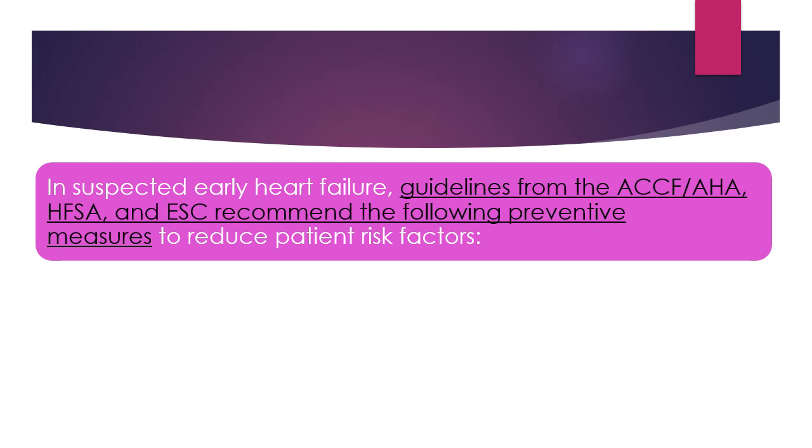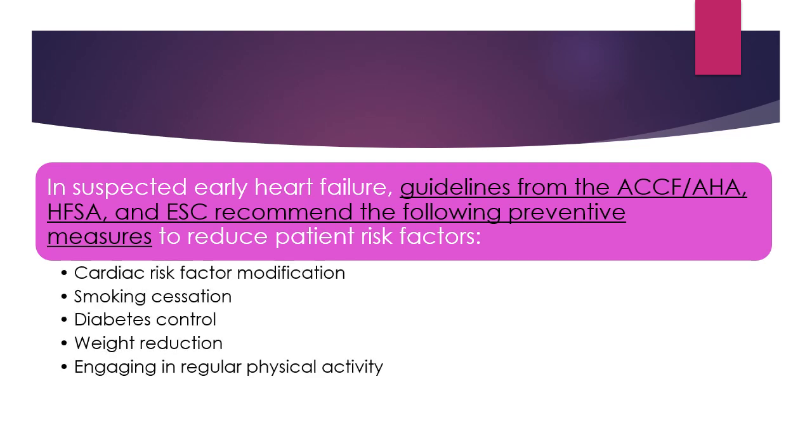In suspected early heart failure, the guidelines from the American College of Cardiology Foundation, the American Heart Association, Heart Failure Society of America, and European Society of Cardiology recommend the following preventive measures to reduce patient risk factors. Early heart failure, by definition and by the criteria specified in the current guidelines, comprises stage A and stage B patients, who do not have structural heart disease, or have structural heart disease without symptoms, in the presence of risk factors for heart failure.